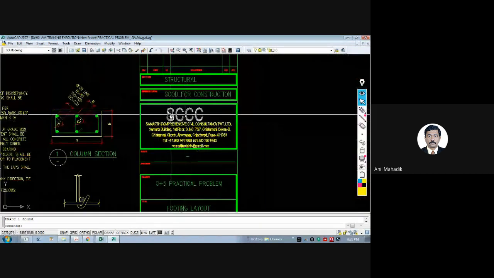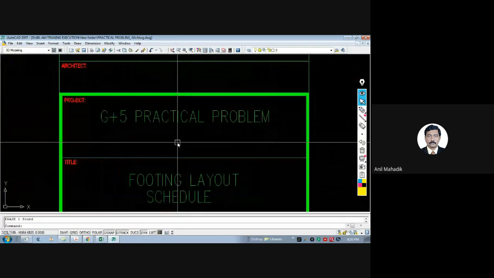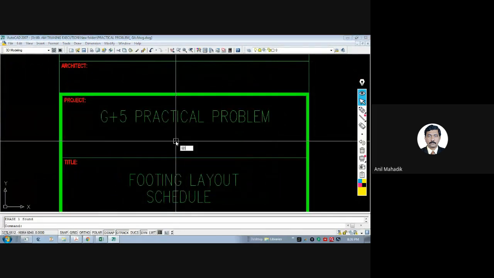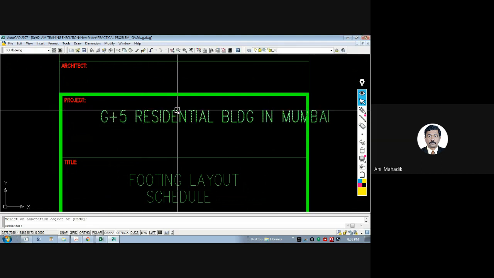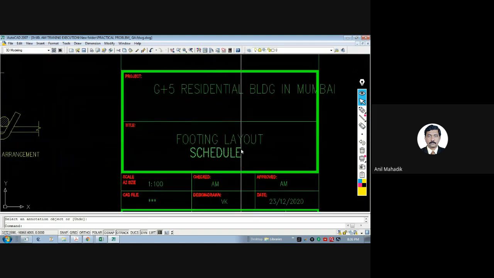Then whatever company you are having, you can mention the company name. Then the name of the project. Let's say it is a G+5 residential building, let's say in Mumbai, whatever you want. Now, what is the title of the drawing? It is footing layout and schedule.